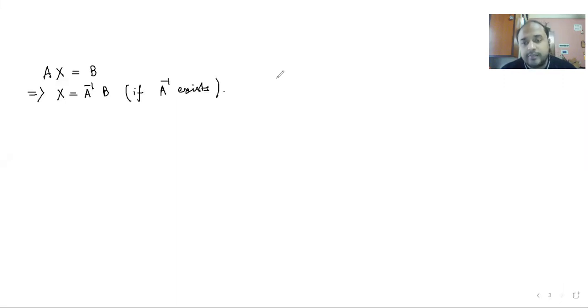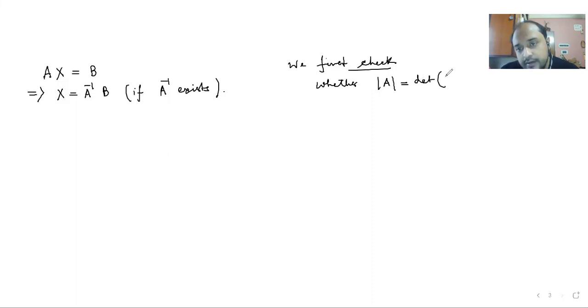One of the criteria by which this can be done is that we first check whether the determinant of A, or det of A, is non-zero or not. If det A is non-zero, then we say that A inverse exists.